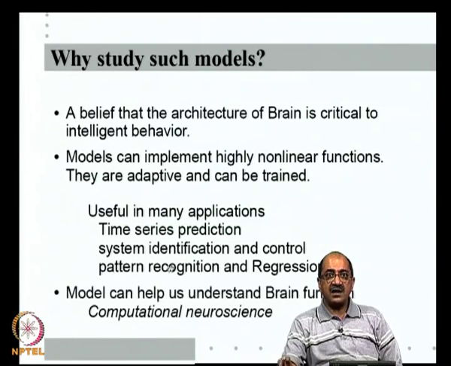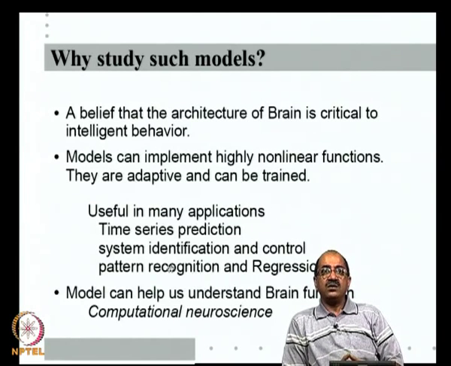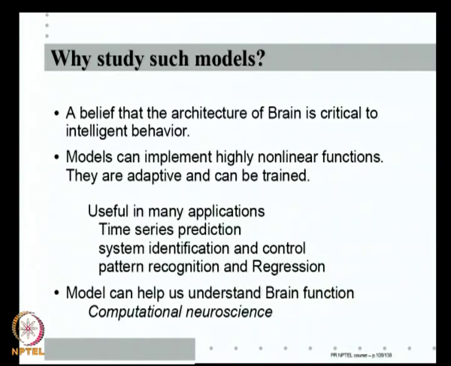There can be a third goal: models can help us understand brain function. I can put models like this, then tweak them to be realistic to some specific neurons in terms of how many synapses they have. Maybe I can put in some nonlinear synapses and then see what the model predicts, and then go back to experiment to see if it can be observed in real neural tissue, then once again tweak the model and so on.